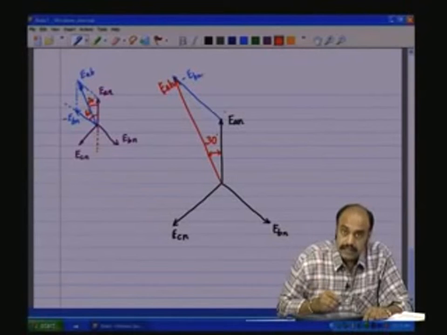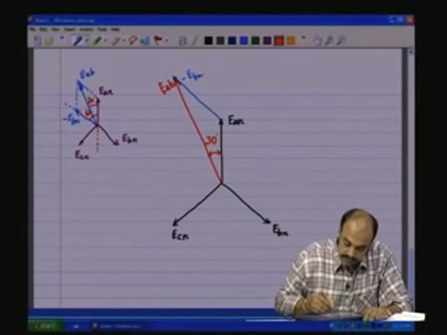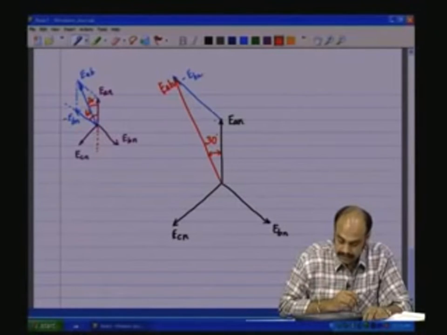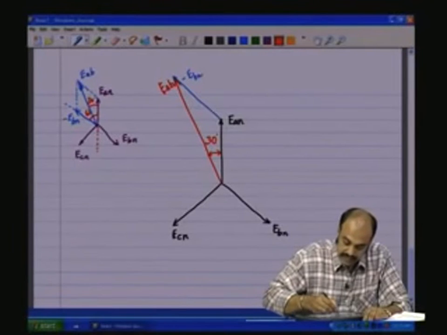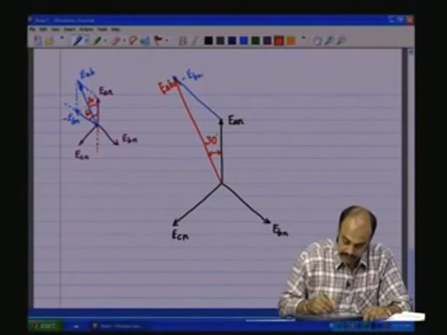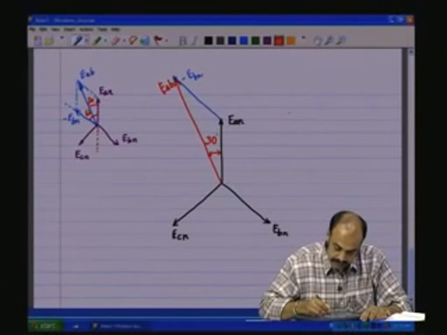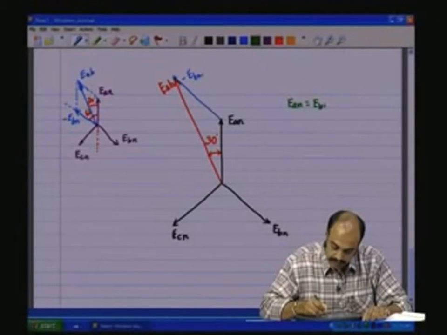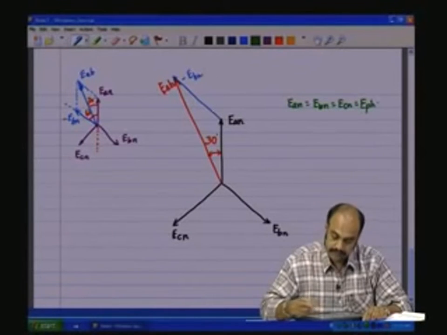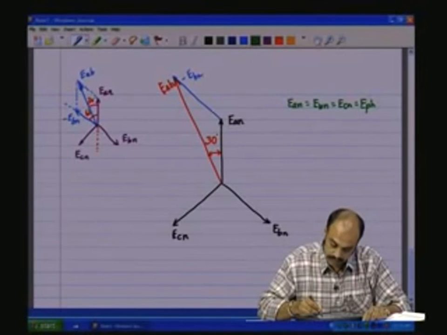Now, what is the value of EAB with respect to EBN and EAN? Now, we said that the amplitudes of all the phase voltages effective values are the same. So, therefore, let us say EAN amplitude is equal to EBN amplitude is equal to ECN amplitude, which we shall call E phase.